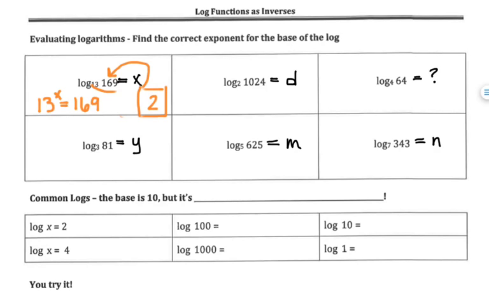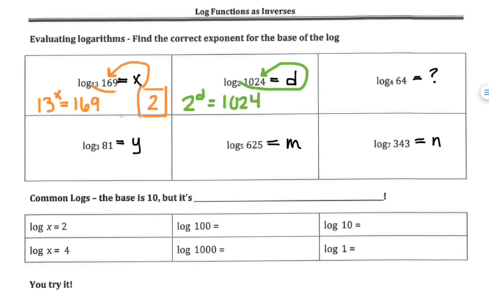For the next one, we're going to do 2 raised to the d power equals 1024. So what exponent could I put on the 2 if I start at the base, go around the d, and land at the 1024? 2 to what power equals 1024? Now, I didn't know this one to start with, so I had to use my calculator and see how many times I could multiply 2 times itself to get 1024.